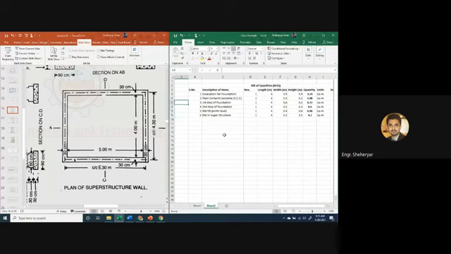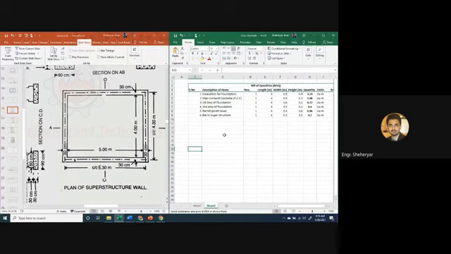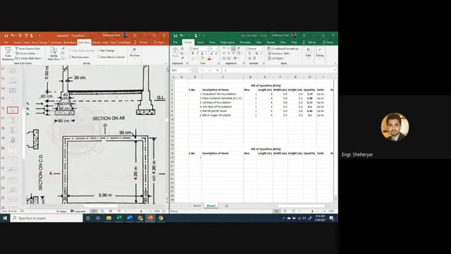So I'll copy the titles of this table and the next columns, because these are the same. Serial number 1, description of items. So what will be the first item which is asked in the question?